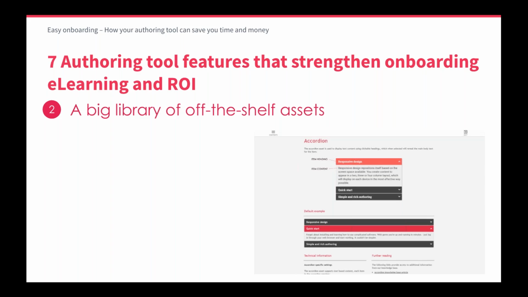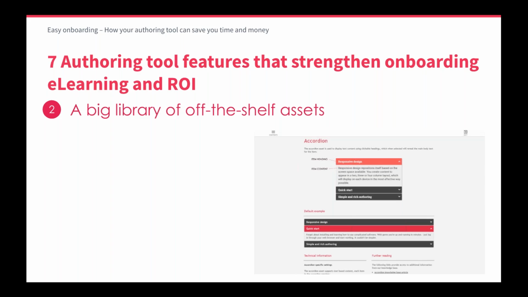The more high value, high visual appeal assets you have in your tool, the better, because they're quick to implement while providing really satisfying, complex interactions that your learners are going to love. And as learning designers, you're going to enjoy designing them into your learning.